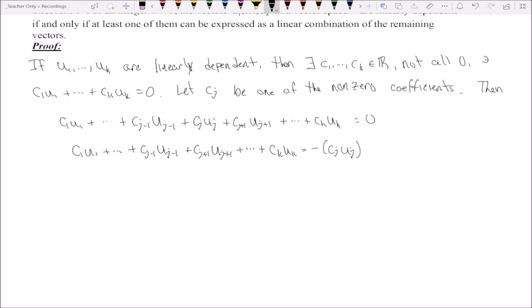Which means we can write this. Right? And we're allowed to divide because cj is non-zero.